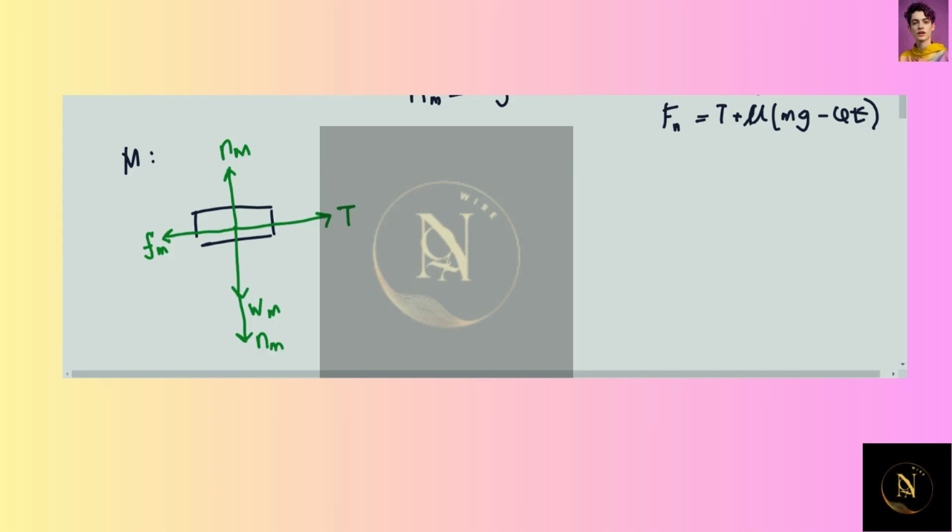According to the problem, the floor is smooth. As such, there is no friction between the floor and the large block.